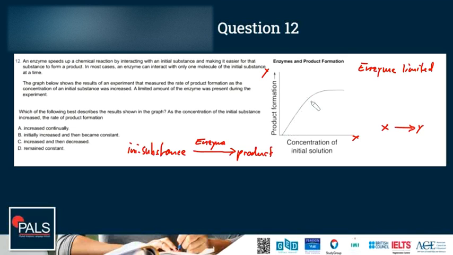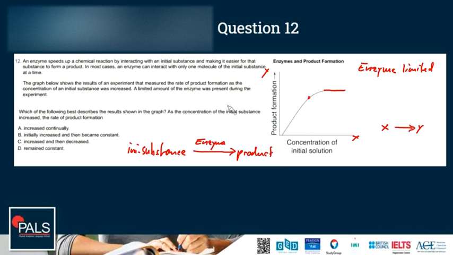So we increase the amount of initial substance present, and we can see increasing the initial substance will as well increase the rate at which our products form, until we get to a certain point round about here, where it starts to slow down, and then our line basically becomes flat.